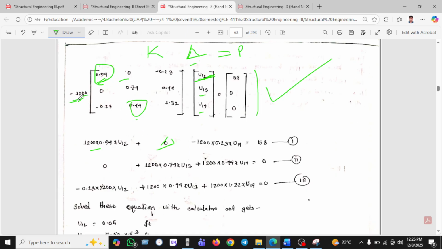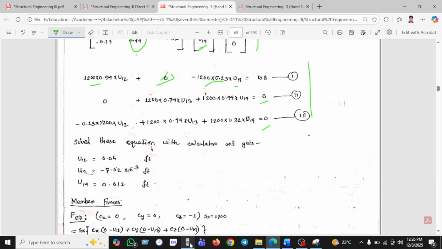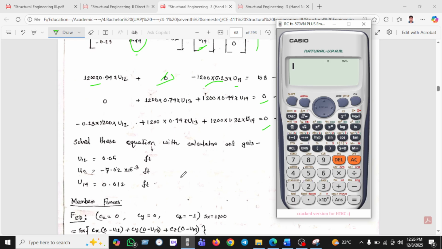That's why 0. 1200 is multiplied by 0.23 to 0.30 up to the last displacement, which is U14, and it equals 58, the first load. It is the same for the second load, and the third load will be calculated here. After finding this equation, we use the calculator and find the result below.